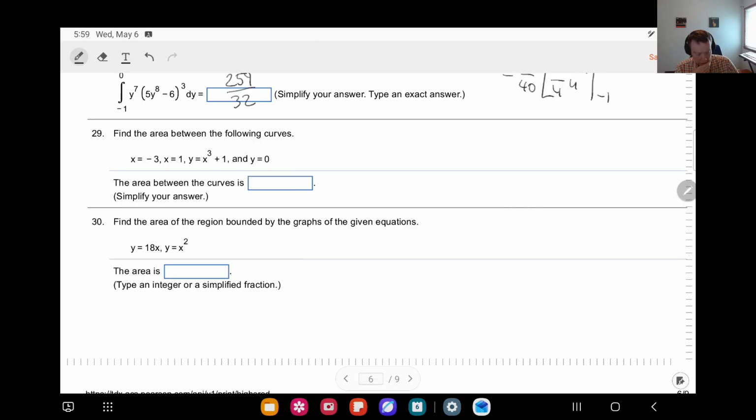All right, so in this first one, it's all nice and laid out for us. We've got our x bounds, we're between -3 and 1. And, well, which curve is higher and which curve is lower?